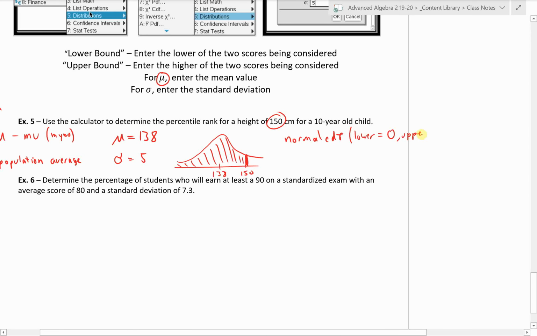And the upper bound is the value that we're looking at. We want to know what percentage of scores fall below 150. And the average, we said, is 138. And the standard deviation is 5, so we can just type normal CDF and all these values into our calculator.